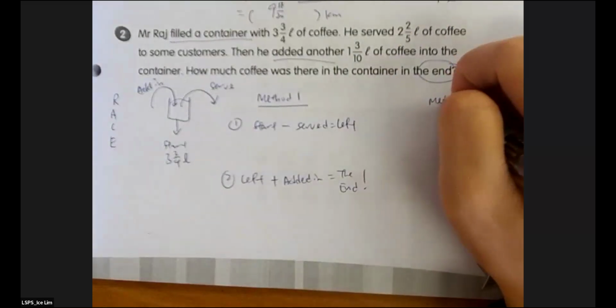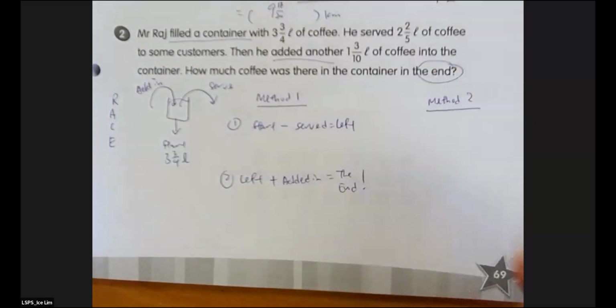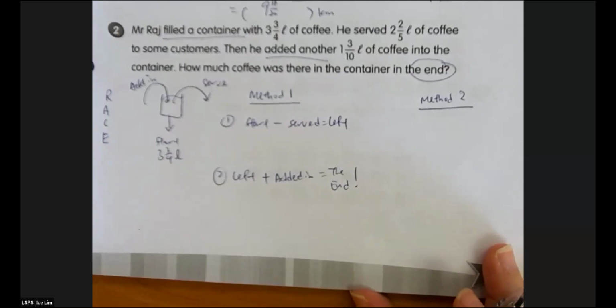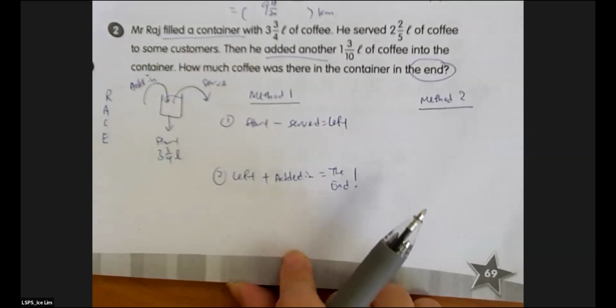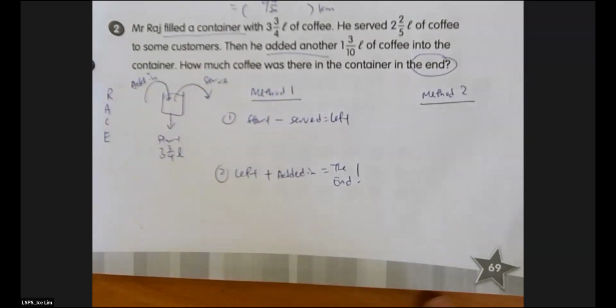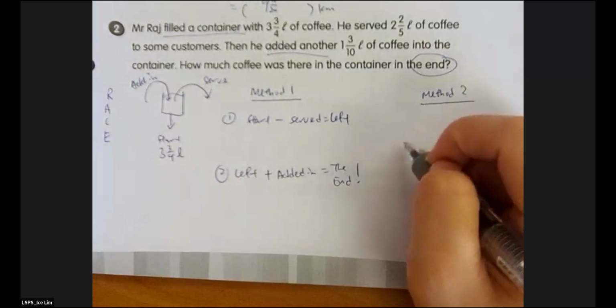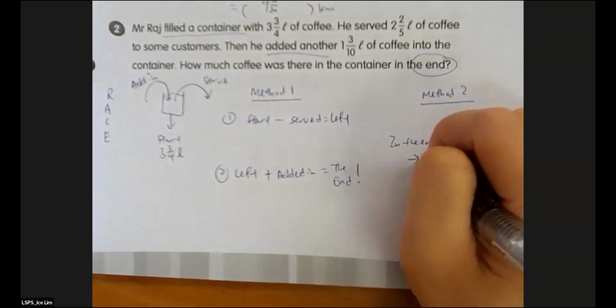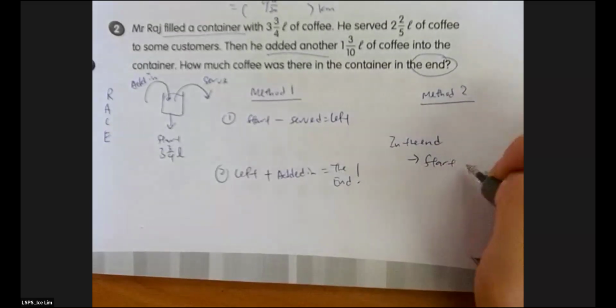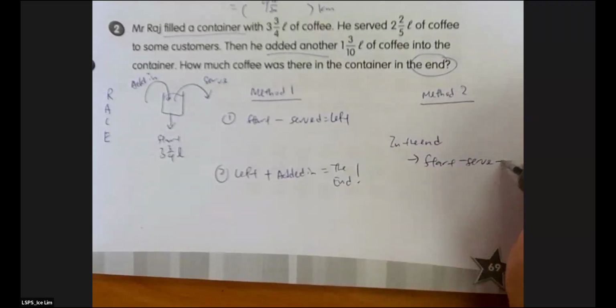Method 2, I do everything in one shot because it's a calculated question. In the end, it will be start minus serve plus add on.